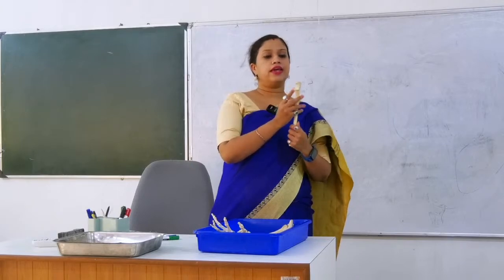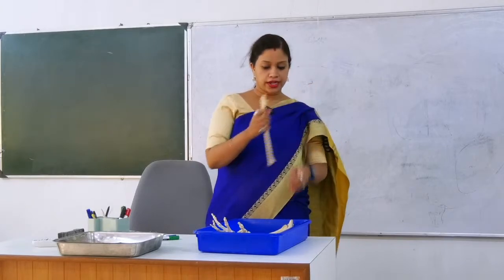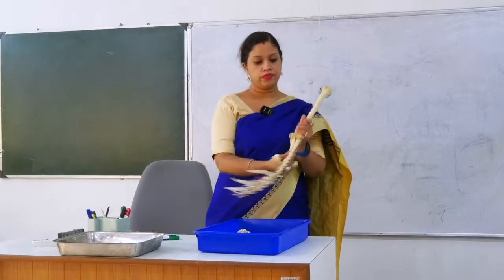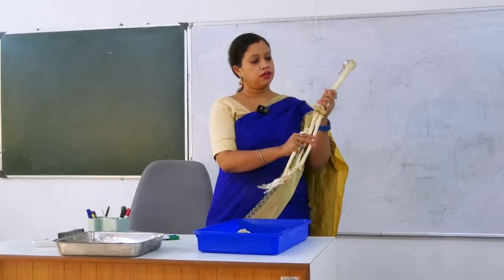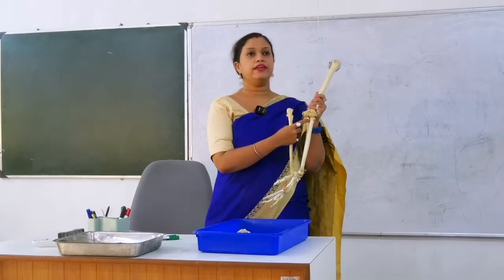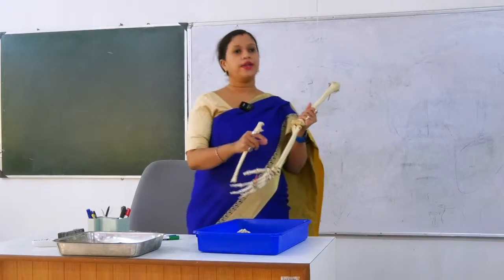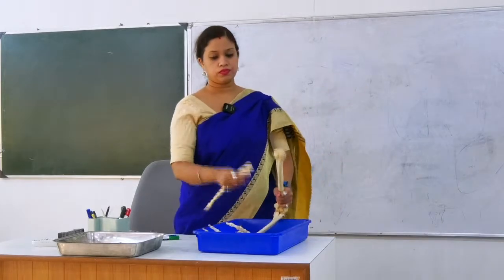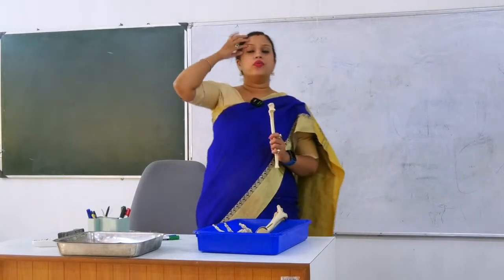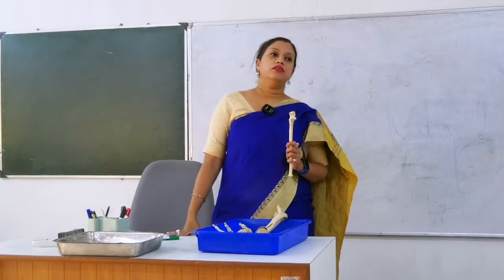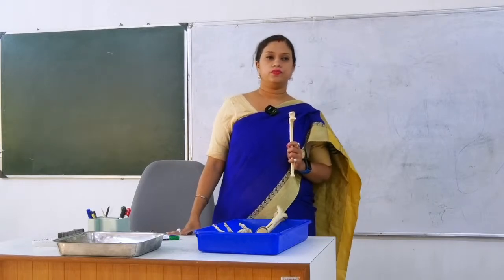See, here there is another notch. This notch, where will it articulate? Radius, which part? This is the notch, right? So it is attached with the head of radius. Okay, write it down. The radial notch will articulate with the head of radius.